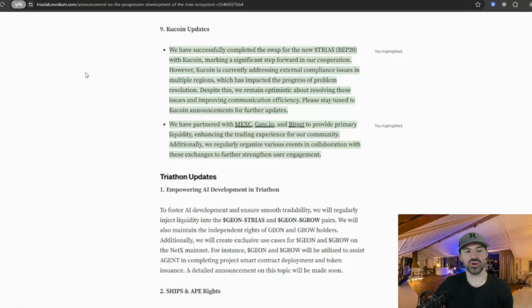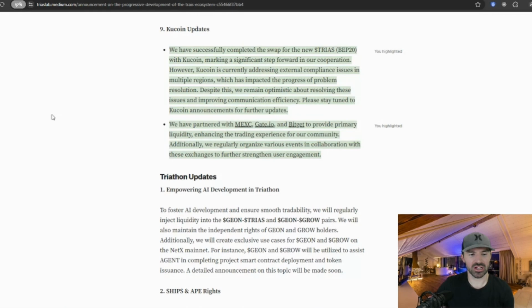However, KuCoin is currently addressing external compliance issues in multiple regions, which has impacted the progress of problem resolution. Despite this, we remain optimistic about resolving these issues and improving communication efficiency. Please stay tuned to KuCoin announcements for further updates. We have partnered with Mexi, Gate.io, and BitGet to provide primary liquidity, enhancing the trading experience for our community."